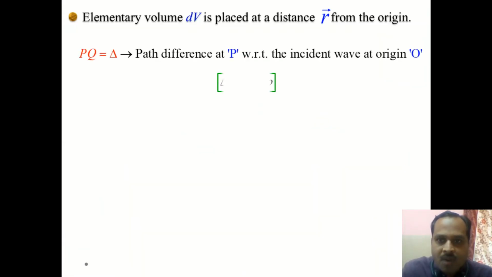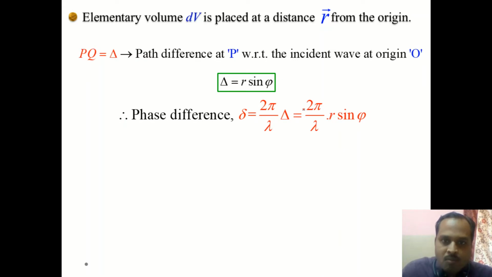This path difference can be converted into the phase difference by multiplying with 2 pi by lambda. So the phase difference between these two incident rays is 2 pi by lambda times r sin phi.